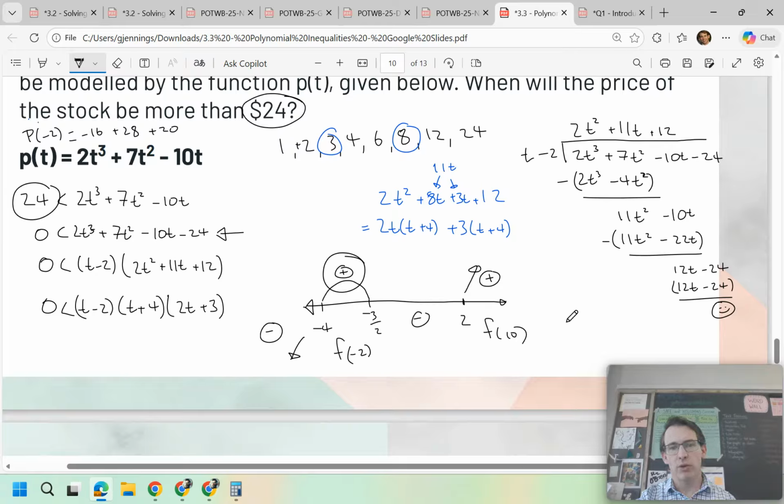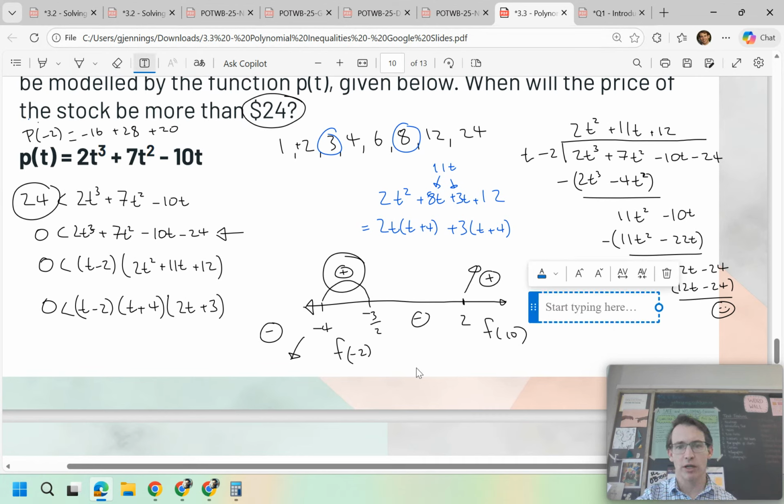So now we know that, so now we're going to put in our sentence answer, and we're going to say this stock was worth more than $24. Put the $ first. Between 4 years and 18 months ago.